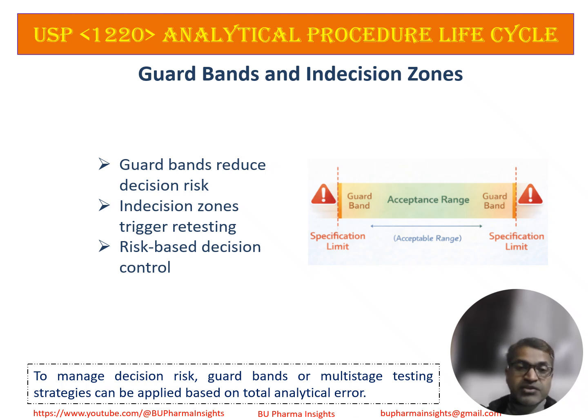Guard bands reduce decision risk. Indecision zones trigger retesting. Decisions are controlled using a risk-based approach. By applying total analytical error, guard bands and multi-stage testing help manage risk, advanced yet practical.